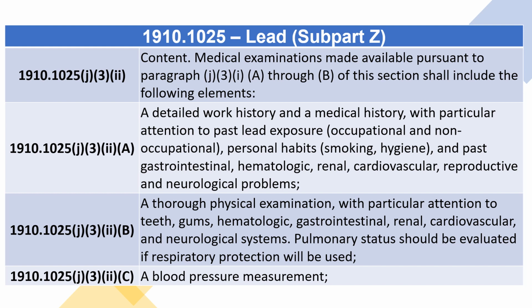1910.1025(j)(3)(ii), Content. Medical examinations made available pursuant to paragraphs (j)(3)(i)(A) through (B) of this section shall include the following elements: 1910.1025(j)(3)(ii)(A) through (C), a detailed work history and a medical history, with particular attention to past lead exposure, occupational and non-occupational, personal habits, smoking, hygiene, and past gastrointestinal, hematologic, renal, cardiovascular, reproductive and neurological problems.